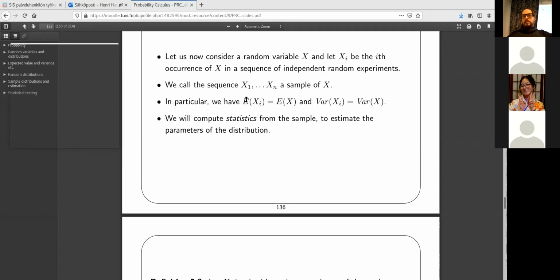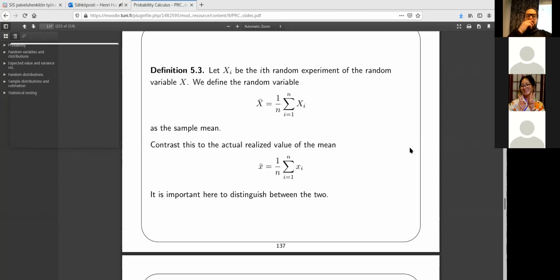Each component has the same expected value as x, and each component has the same variance. Statistics is basically the study of such samples. The descriptive numbers that we calculate by use of the sample, we call statistics.